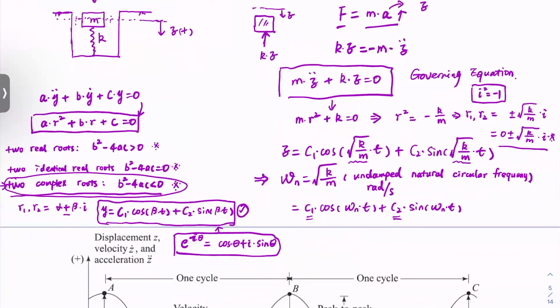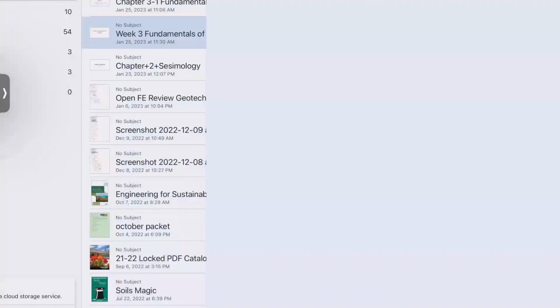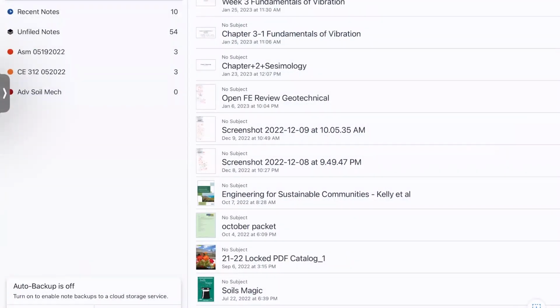I'm running out of space, so I will just continue. We can have two boundary conditions. First one, displacement: z at time 0 is z naught.